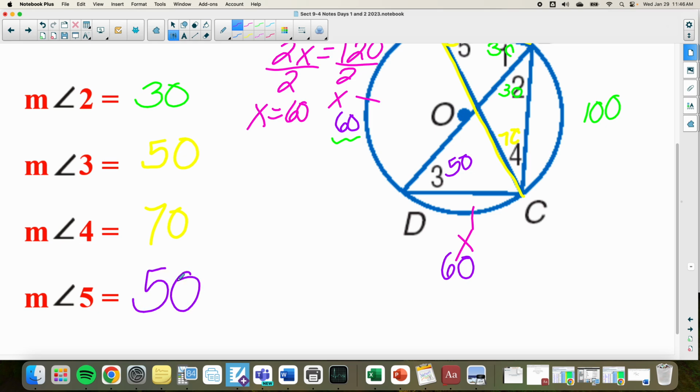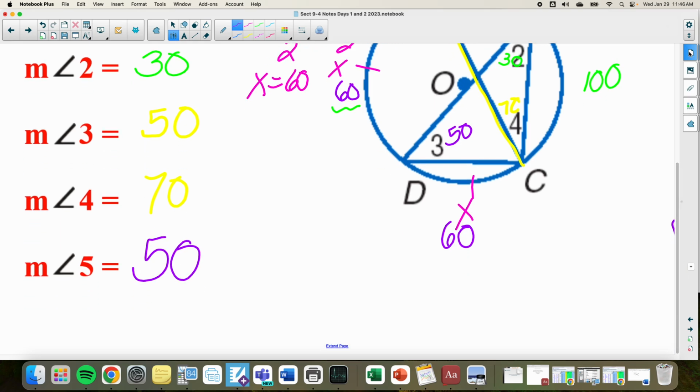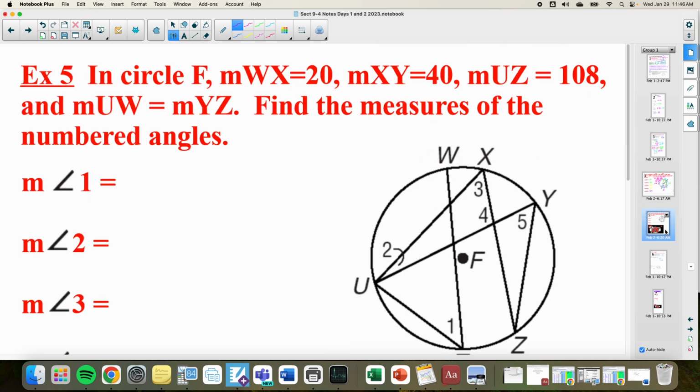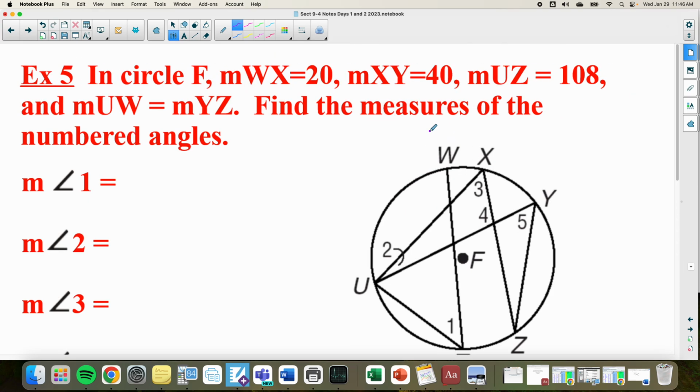All right. Then if we look at our last problem for today, first of all, these should have arcs on all of them. Like that, okay? So here's what it says. The measure of arc WX is 20. From X to Y is 40.